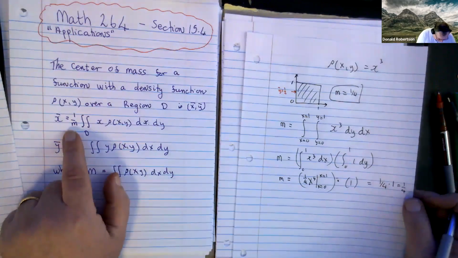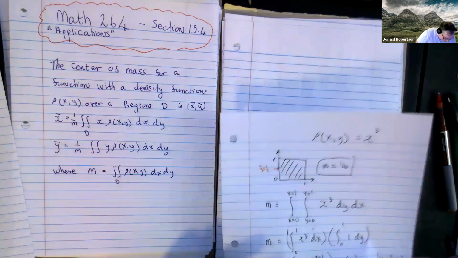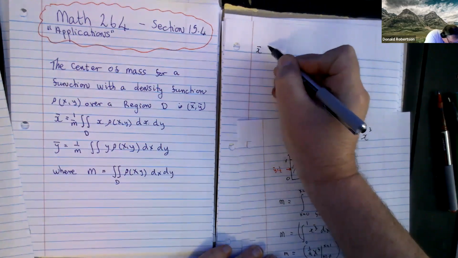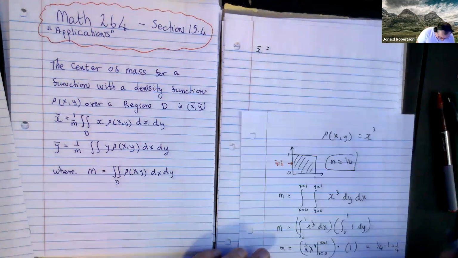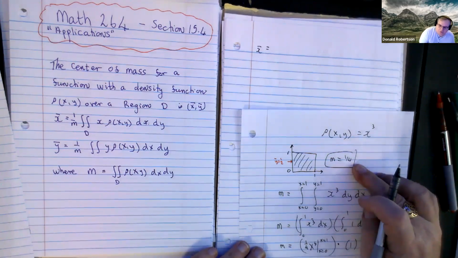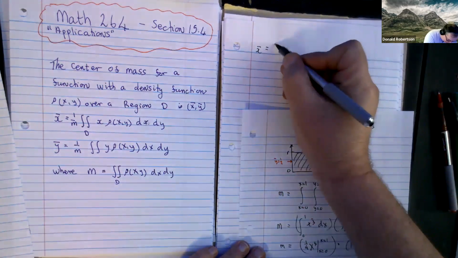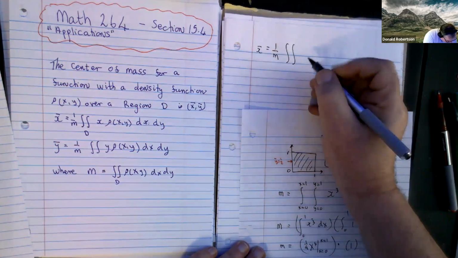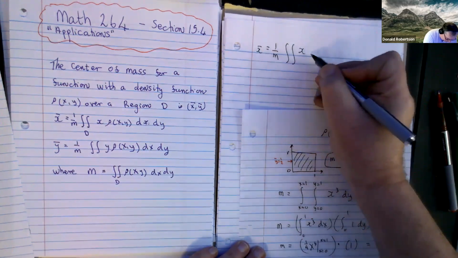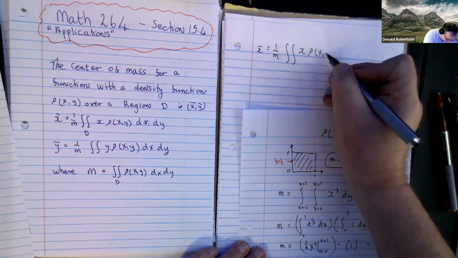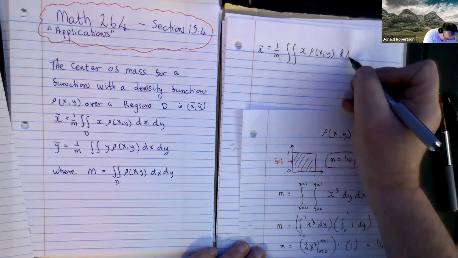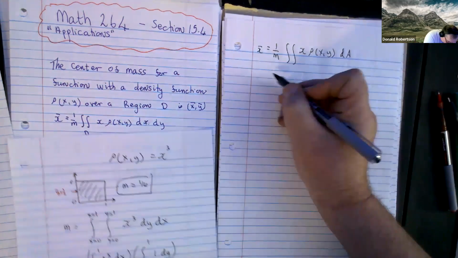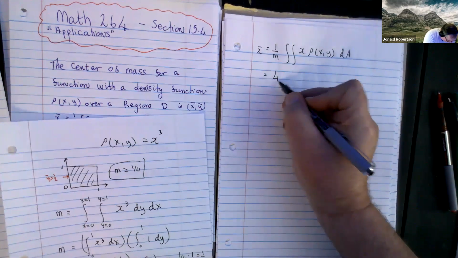So, moving on then, I now want to find x bar. So it's going to be 1 over the mass, well, 1 over a quarter, right? The double integral of x, the density function, dA. So 1 over a quarter gets me 4.